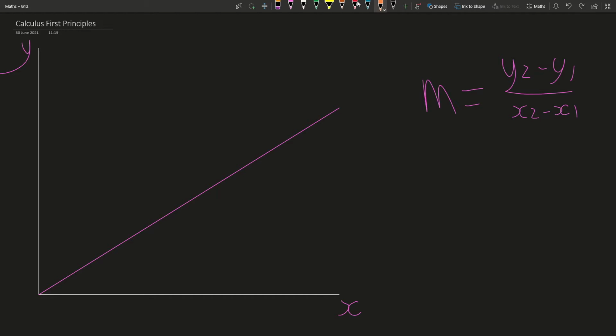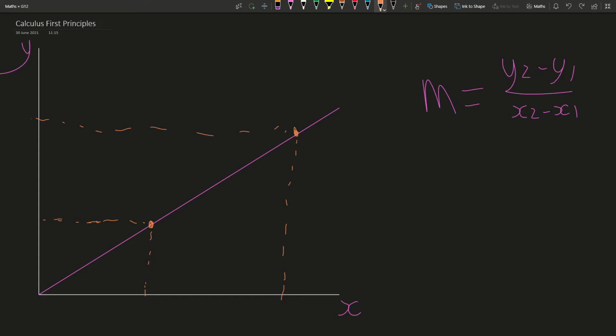It's saying, okay, so let's say over here we've got a point, and over here we've got a point, and we want to know the gradient between these 2 points. So we're saying how much has it risen over how far has it gone to the right.